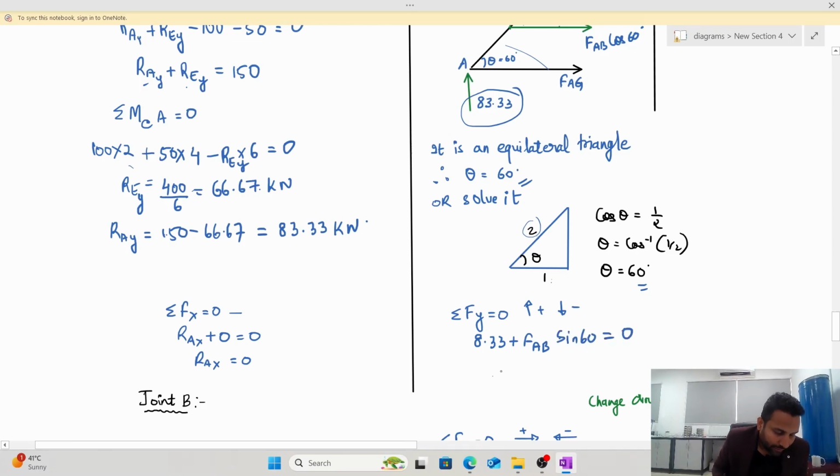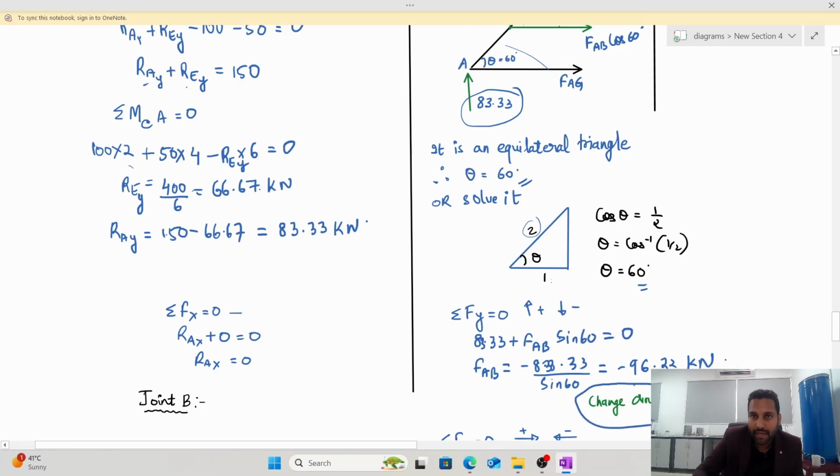Okay. So what will I get FAB as? FAB would be minus 83.33 divided by sin 60, which will come out to be negative 96.22 kilonewton. Since it is negative, you need to change the pre-assumed direction.